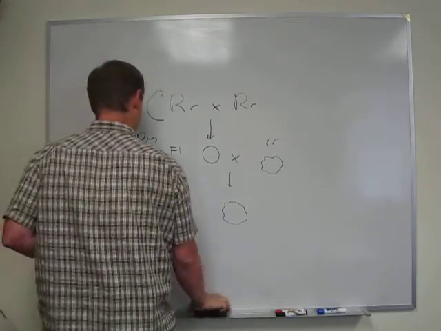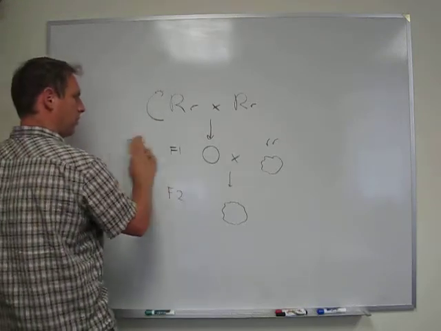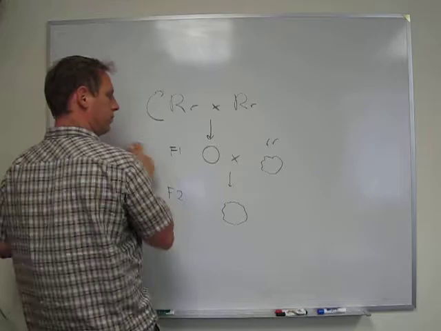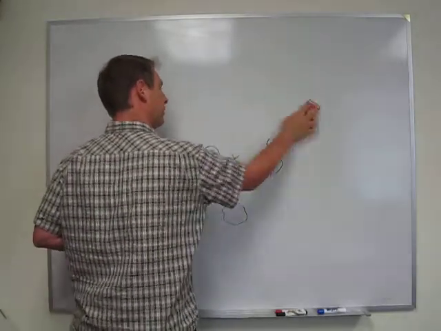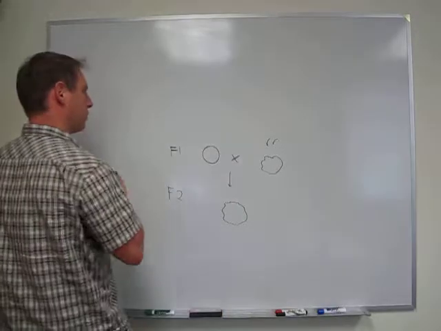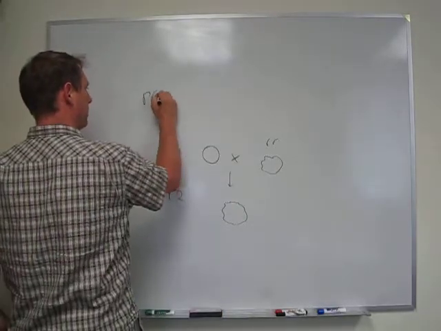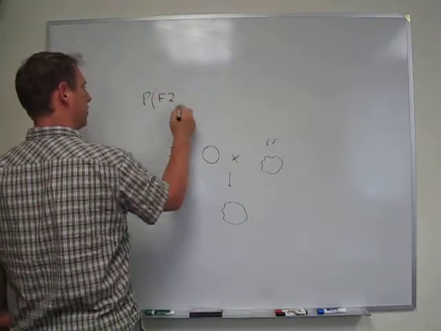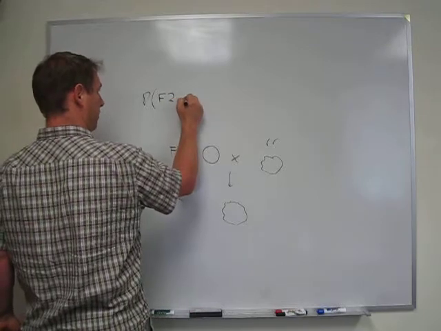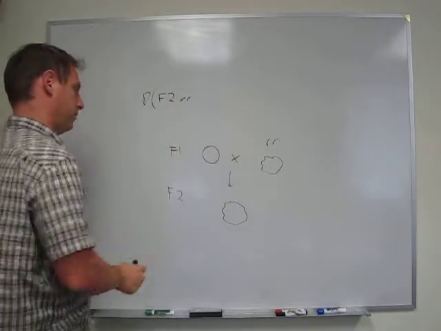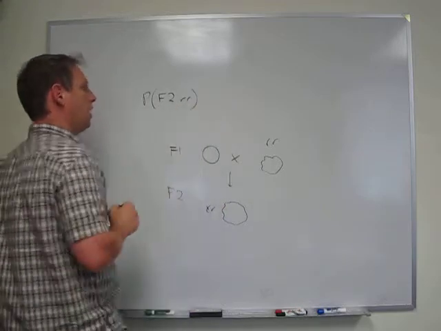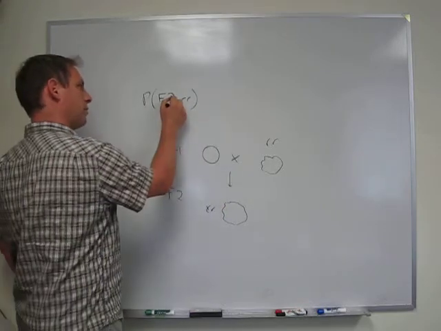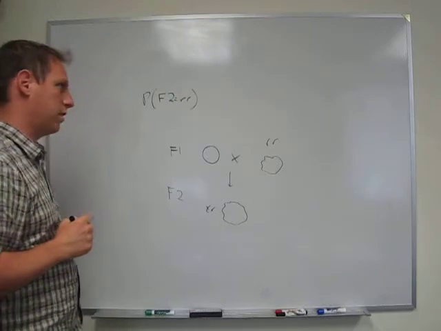So let's actually break this down a little bit more formally. What we want to know is, in this scenario, what is the probability, I'm going to get rid of this, that the F2 is of this particular genotype, little r, little r. And what I'm going to do is break that down into two conditions.